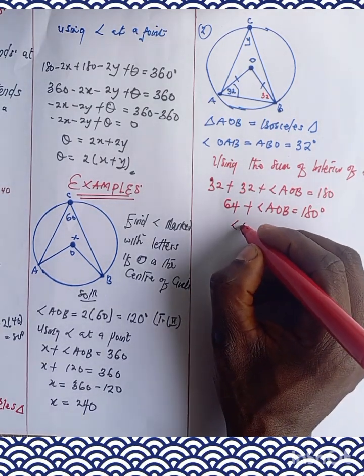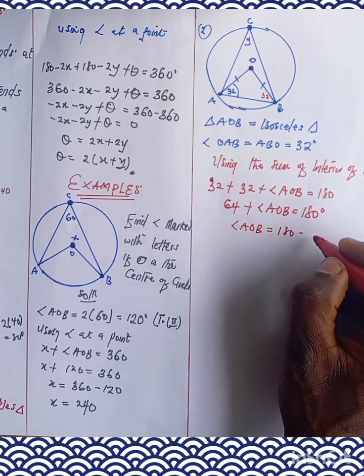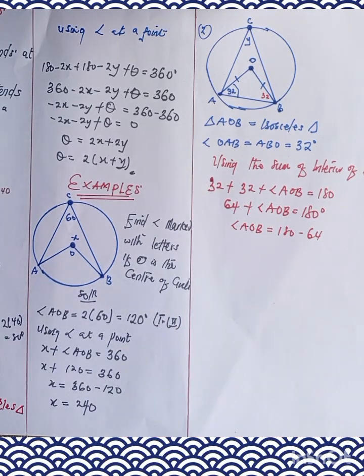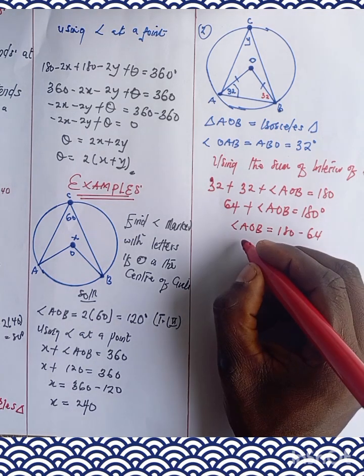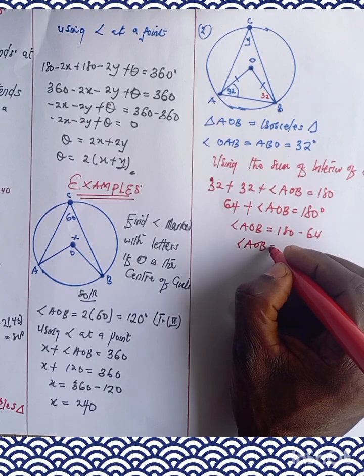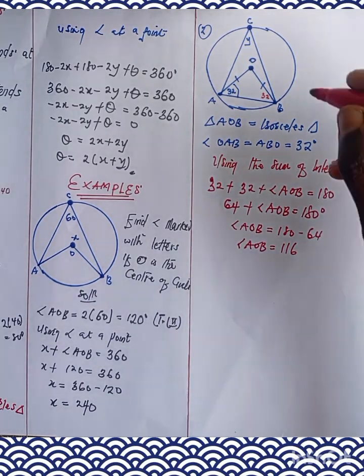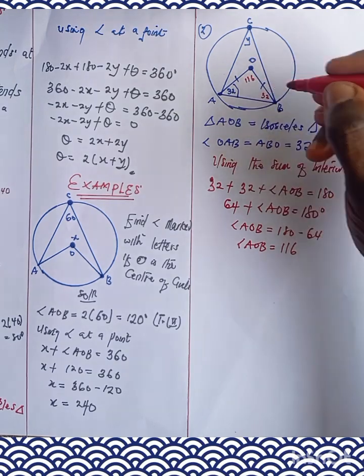Now we are looking for angle AOB. So we are getting 180 minus 64, and we are getting angle AOB to be 116. So it means that this very angle is 116.